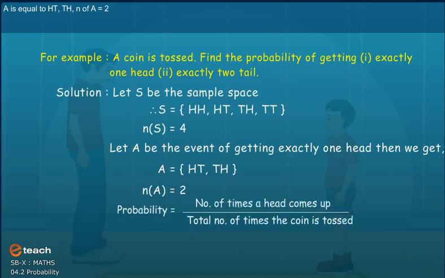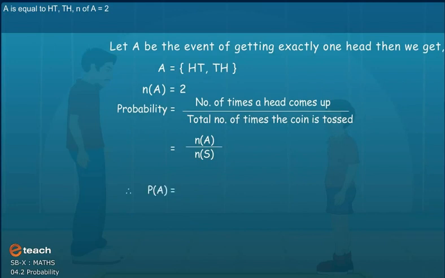Probability is equal to the number of times a head comes up upon the total number of times the coin is tossed. So, n(A) upon n(S). Therefore, P(A) is equal to 2 upon 4, which comes to 1 by 2.